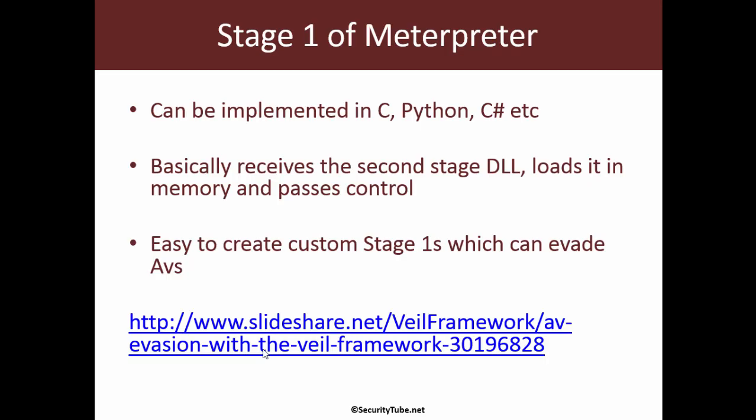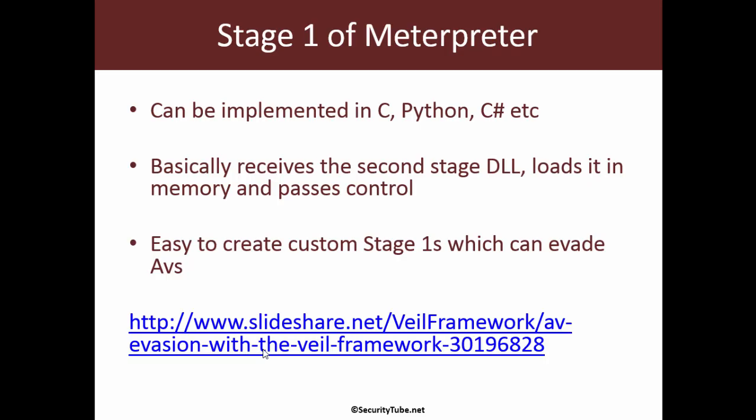Stage 1 is what creates the actual network connection between the victim and the attacker, and it is across this stage that stage 2, which is typically the Metasploit DLL for Windows based victims, is sent over and then executed on the victim.